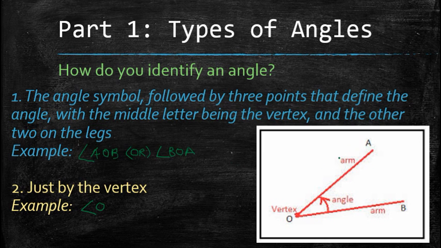You're going to have different letters that indicate the points on the angle. So don't get scared if you get one that says ABC or XYZ or something like that. You know the vertex is the point there, point O, so that goes in the middle. So there are 3 different ways that we can label our angles.